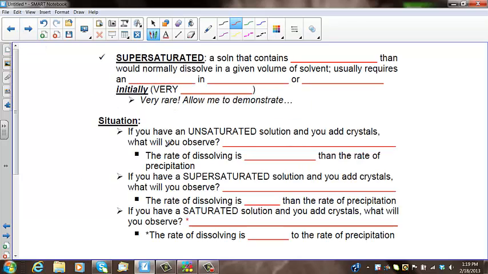A supersaturated solution is a solution that contains more solute than could possibly ever dissolve in that particular amount of volume. And it usually requires an increase in temperature or pressure initially to even get the solute to dissolve.